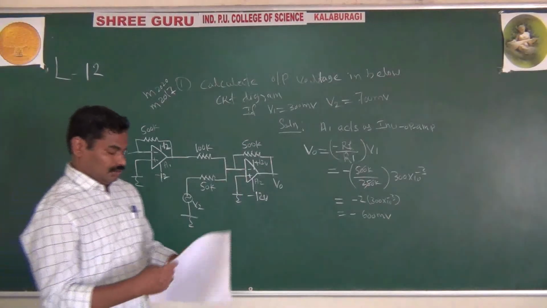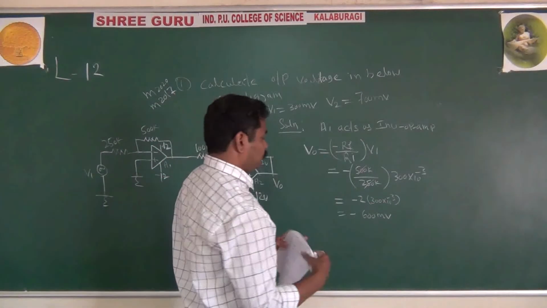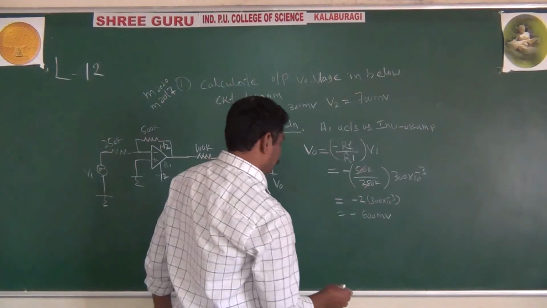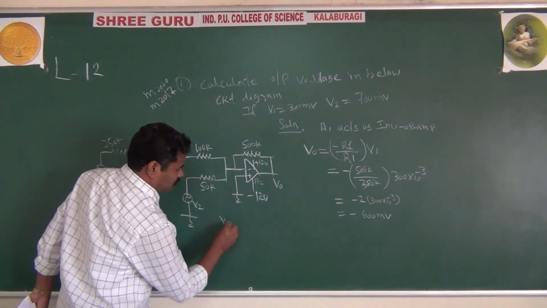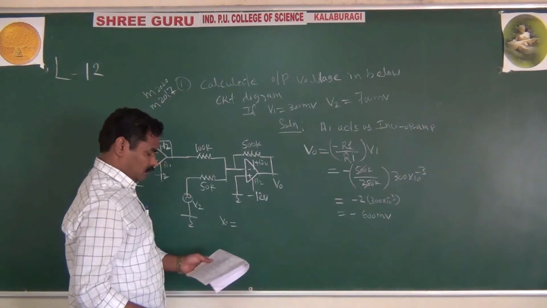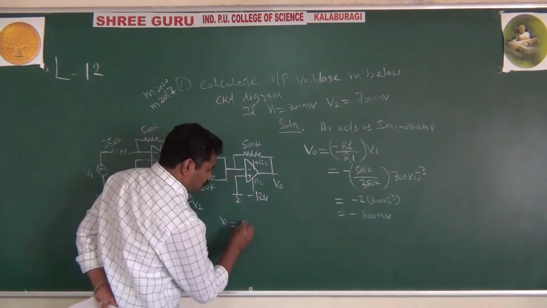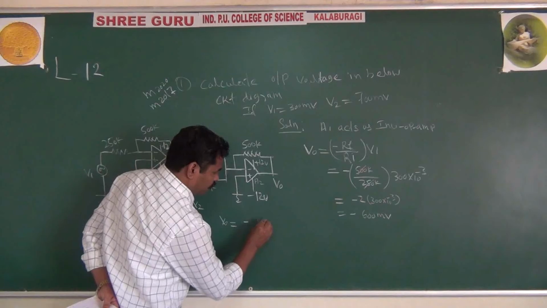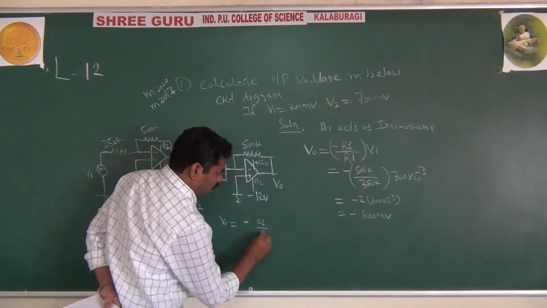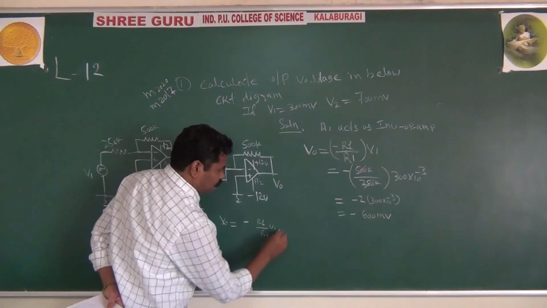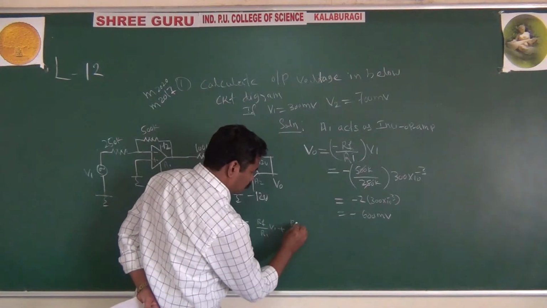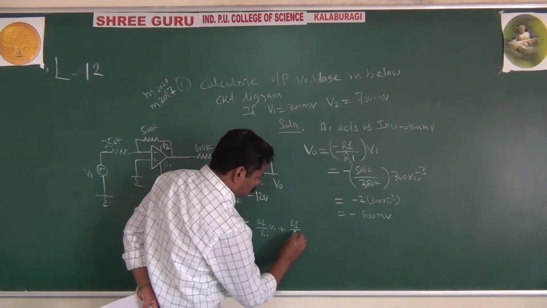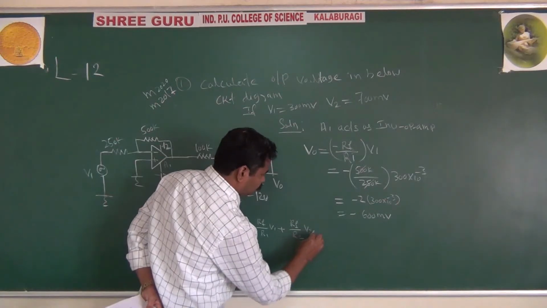Then, as you know about the adder, the output voltage formula is minus RF by R1 into V1 plus RF by R2 into V2.